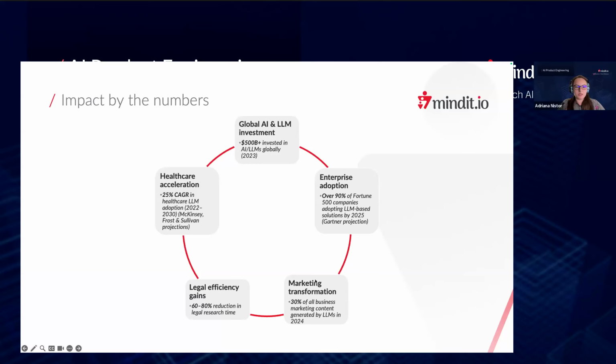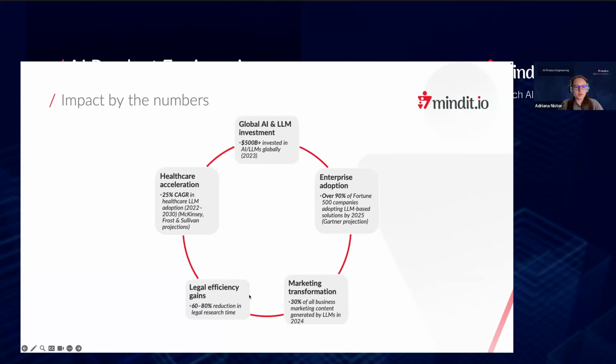A number that is already present with us is this 30%. 30% of business marketing is already done with the support of large language models. And it is not like your marketing colleagues are using LLMs directly, doing more than just discussing with ChatGPT, but there are concrete tools that are widely used, and those tools are constructed on top of large language models. So they are basically enhancing the activity in terms of speed and possibly in terms of quality.